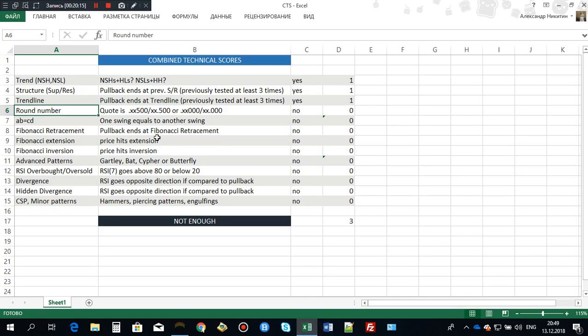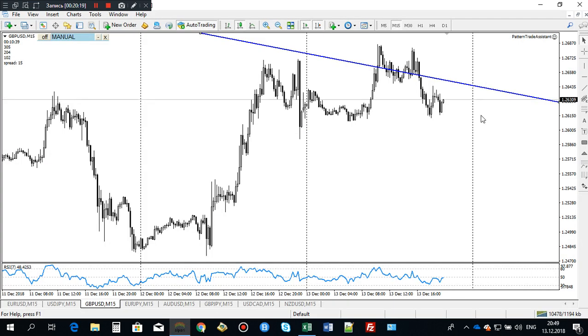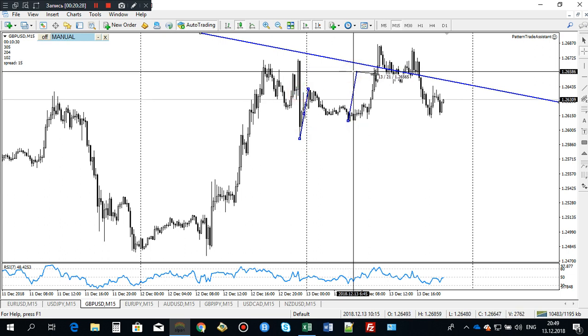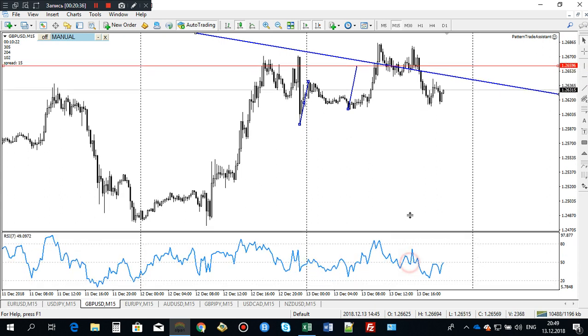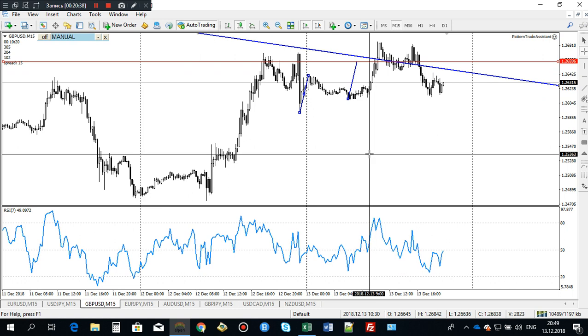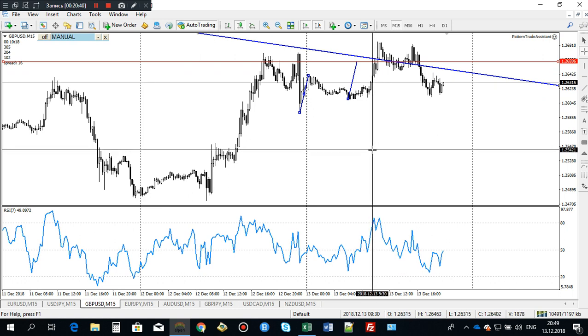Okay, no round numbers. ABCD. I measured the ABCD this way, and it looked like we have a nice ABCD confluence here, so you can see it. Then I looked at RSI overbought.